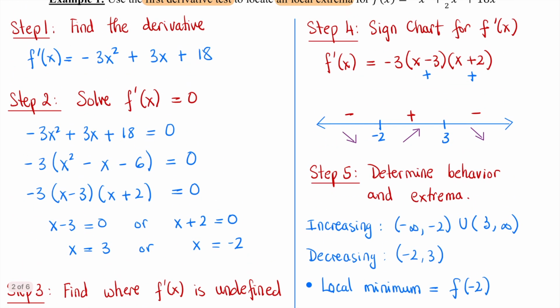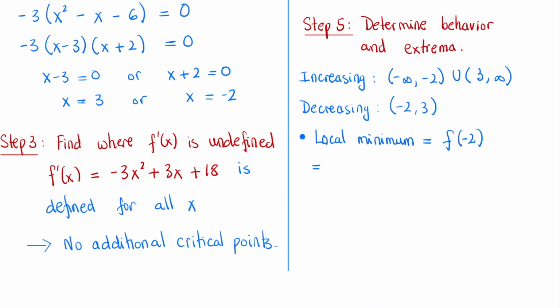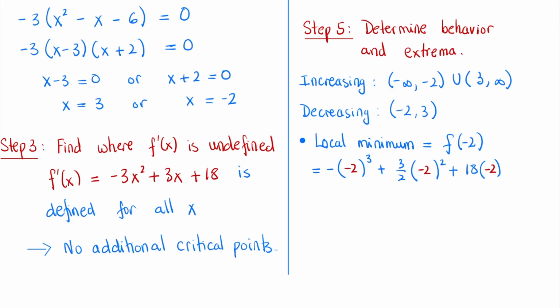Since f of x equals -x to the third plus 3 over 2 x squared plus 18x, f of negative 2 equals negative of negative 2 to the third plus 3 over 2 times negative 2 squared plus 18 times negative 2. And I get negative 22.